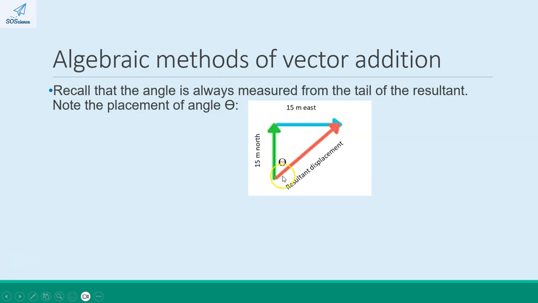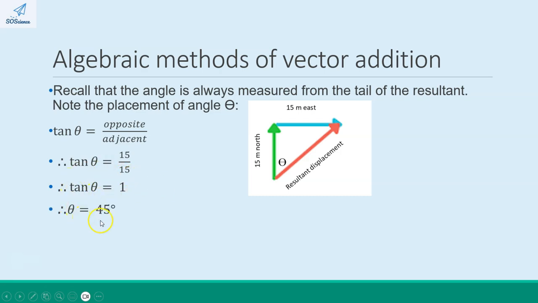So using the fact that this is a right angle triangle, I can say that the tan of this angle theta over here is equal to opposite over adjacent. And that is 15 divided by 15, which means that tan theta is equal to 1. So theta is equal to 45 degrees.